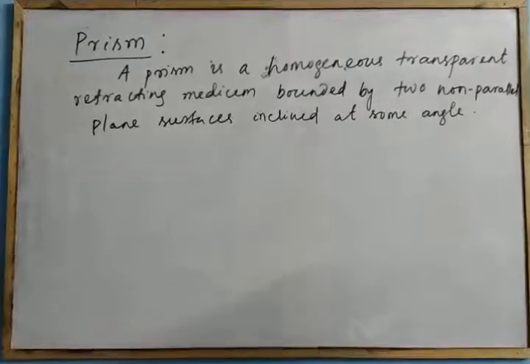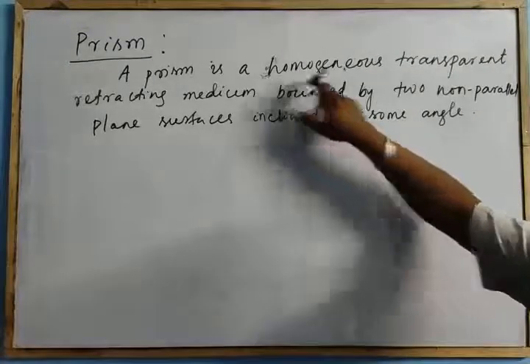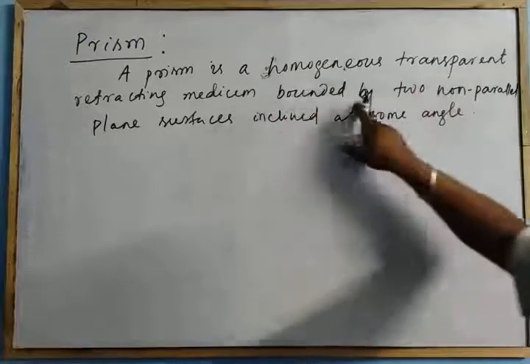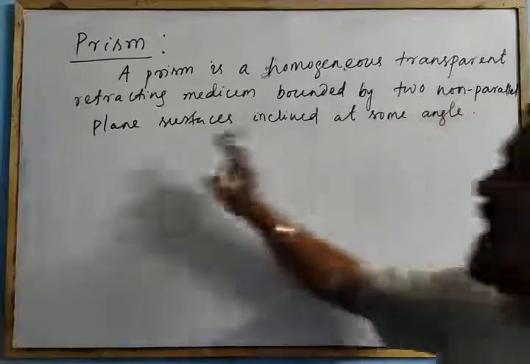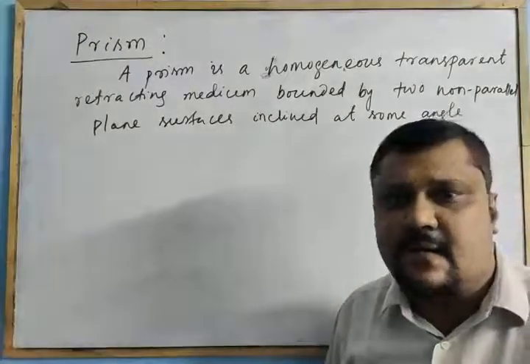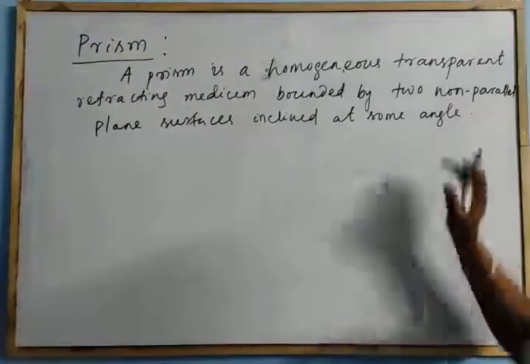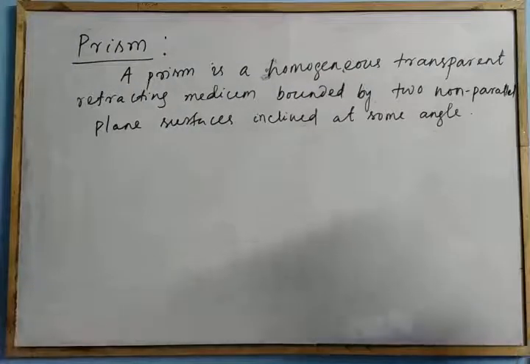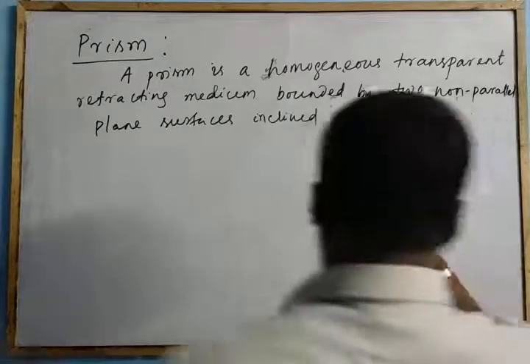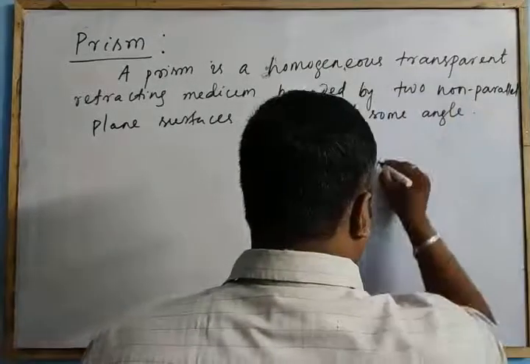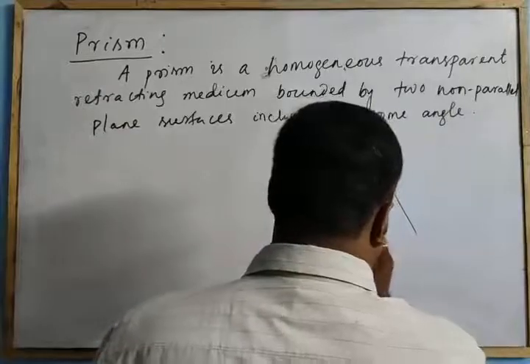Clear? A prism is a homogeneous transparent refracting medium bounded by two non-parallel plane surfaces inclined at some angle. So let me draw a prism like this.